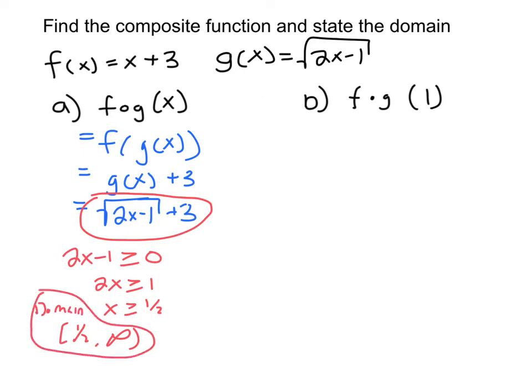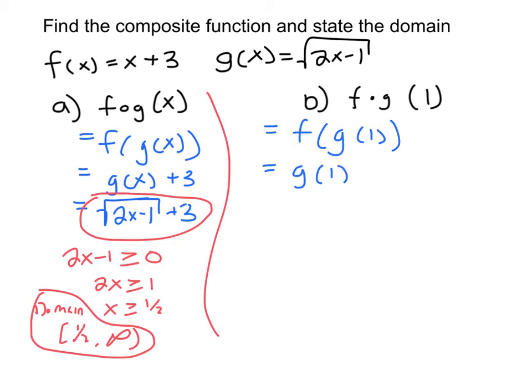Alright, so let's go ahead and move on to the second example. This one says f of g of 1. Same thing, so we'll do the exact same process. I'm going to plug in g of 1 for x in f of x. That's the first step: plug in what you see here into f.